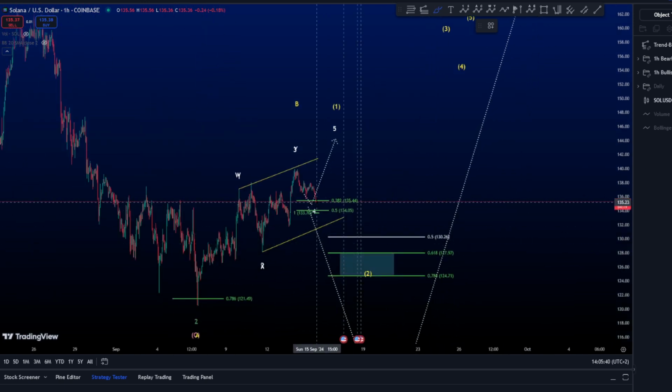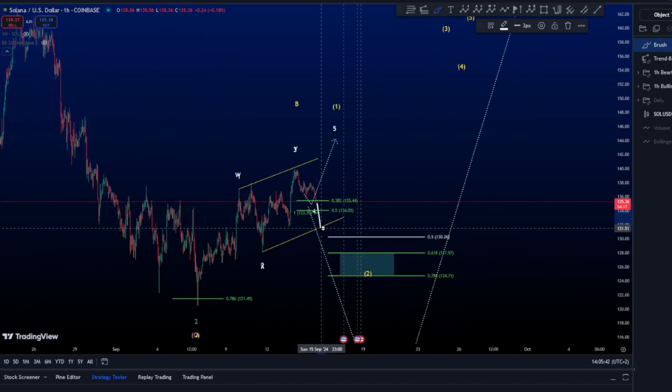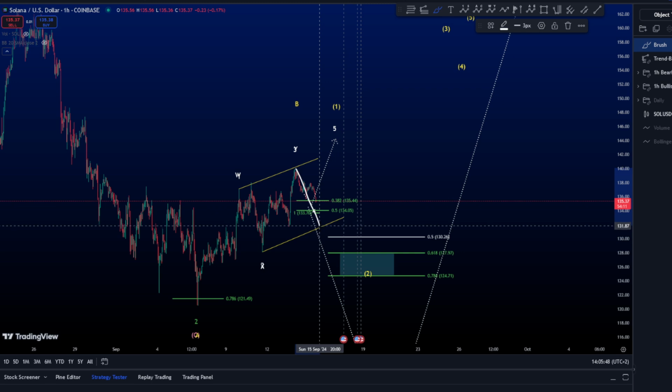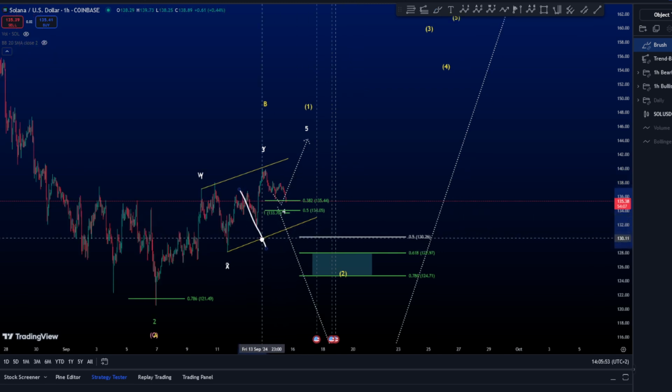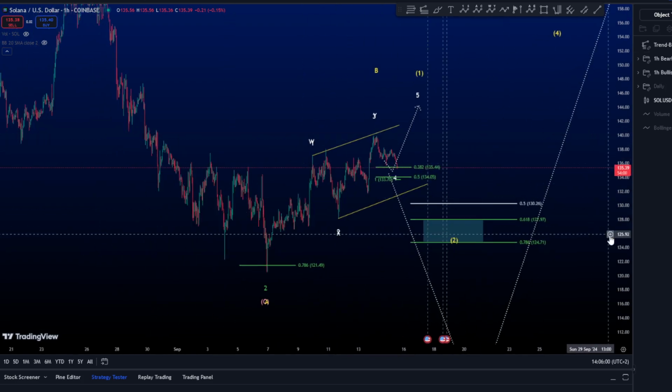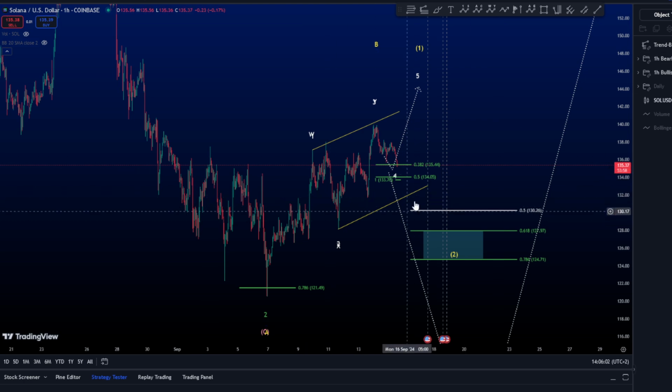If we pass through it and we break it towards the downside, then this diagonal is invalidated, because once we hit here, your wave here is now longer than your wave 2. And this is not allowed in the rule of a contracting diagonal in Elliott waves. Therefore, this diagonal might be invalidated.